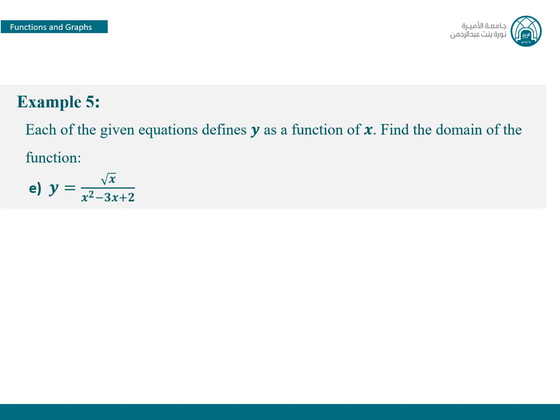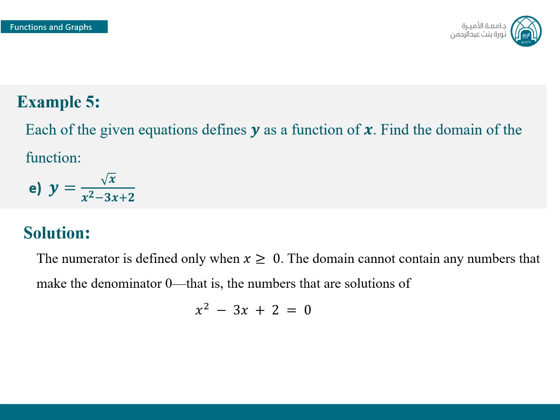The other example of a fractional function is the square root of x over x squared minus 3x plus 2. We need to find the domain for that function. First of all, as we know, the expression under the square root of x must be greater than or equal to 0. The domain cannot contain any number that makes the denominator equal 0. So we need to find the zeros of x squared minus 3x plus 2.